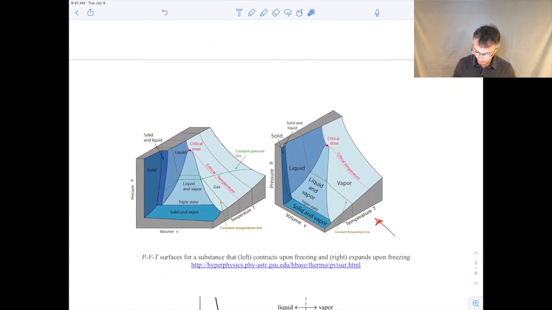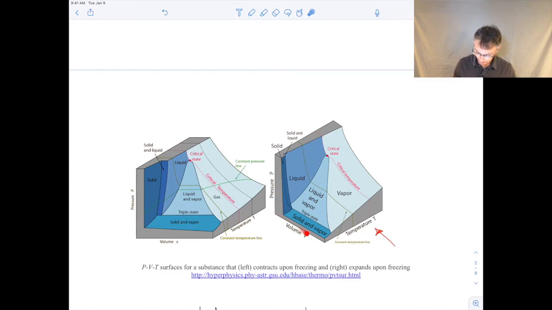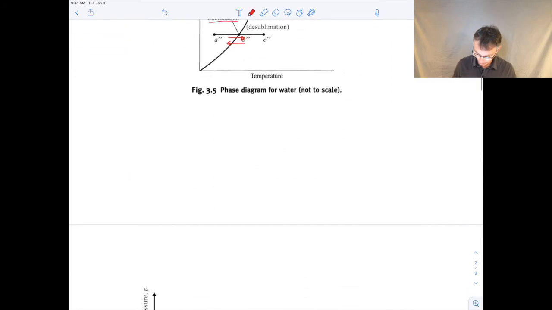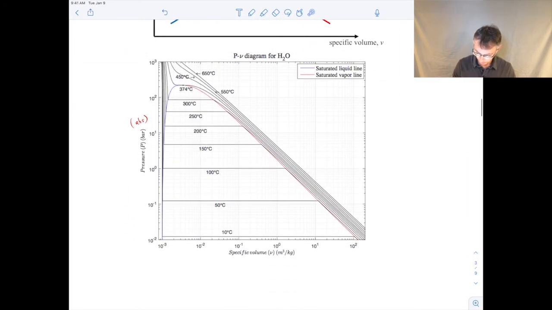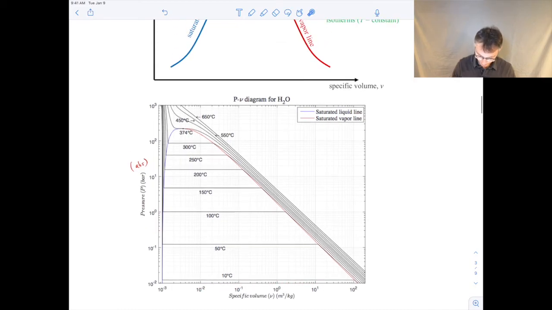So what we're going to do now is, since we're looking at the pressure specific volume axes, we're going to be looking in from this side. So if we do that, that's what this picture looks like. So pressure, specific volume. The vapor dome is this line that I'm sketching out here, skewed to one side. So inside here, this is a saturated liquid vapor mixture region.